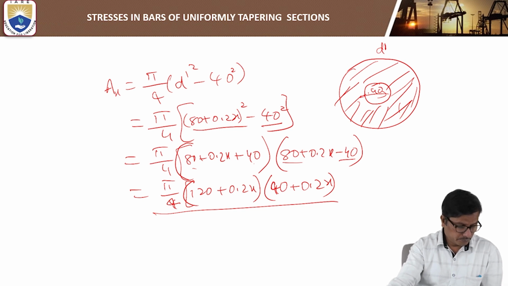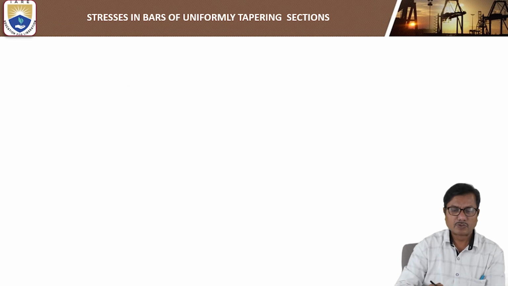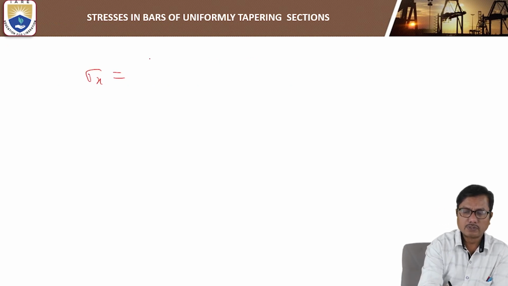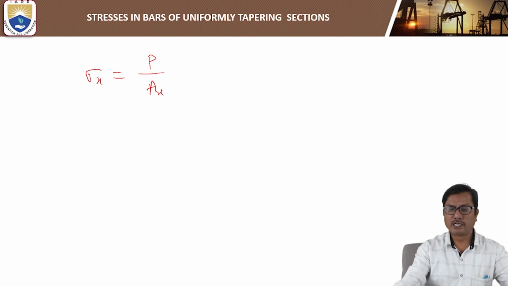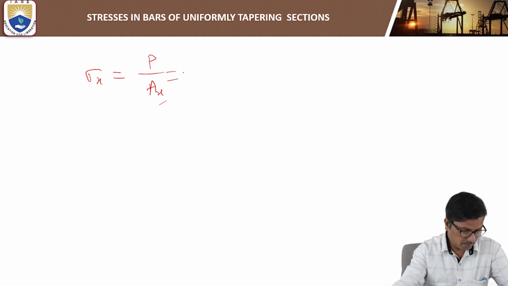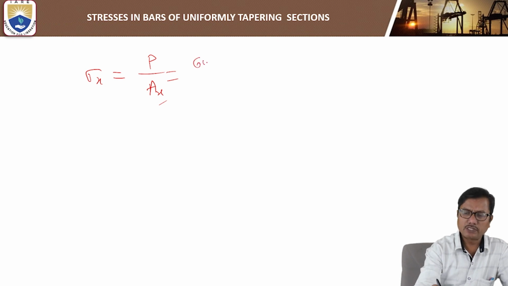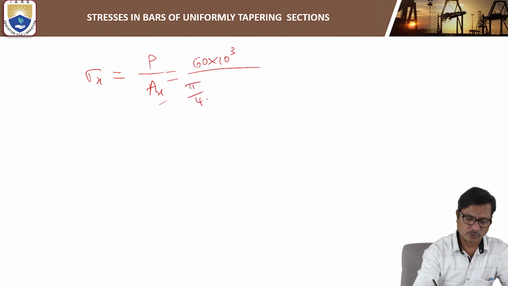So now the stress sigma x at a distance x again. The stress on the element is load P by area. What is P? 60 kilonewtons, 60 into 1000 newtons, by pi by 4.